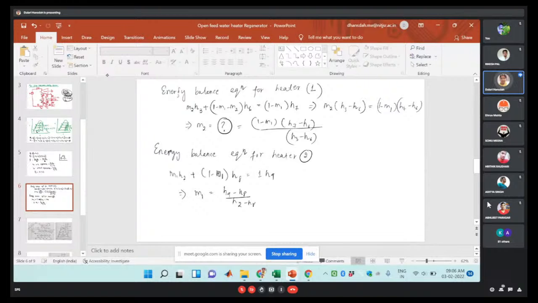So this M1 and M2, this can also be find out by taking the energy balance equation or steady flow energy equation. Sorry, energy balance equation. So that equation I can write down, ये वाला को M1 M2 को हम इसे और एक इक्वेशन से भी फाइंड आउट कर सकते हैं.